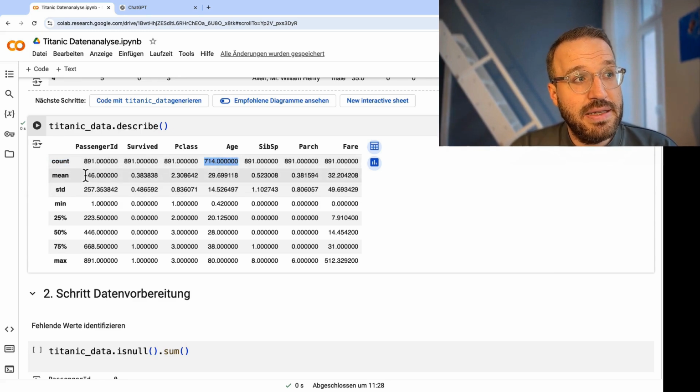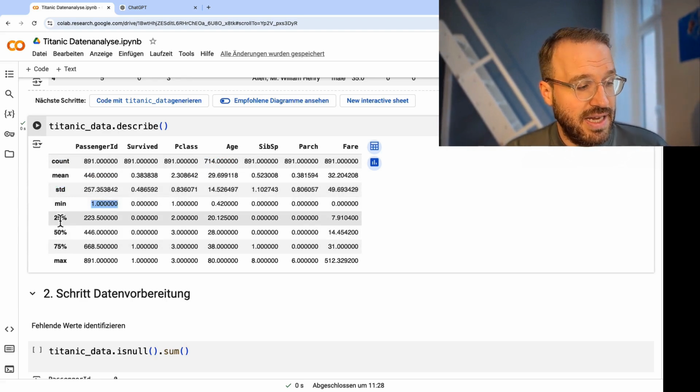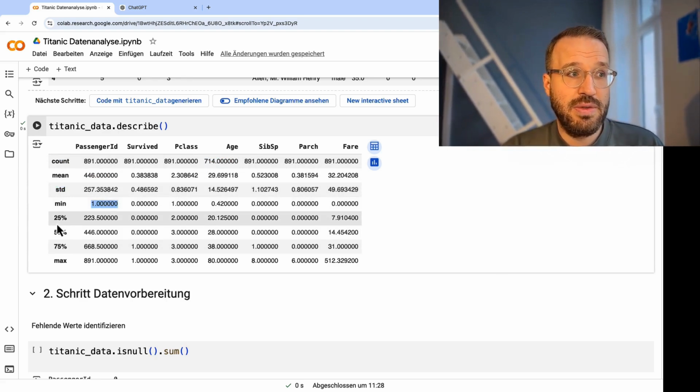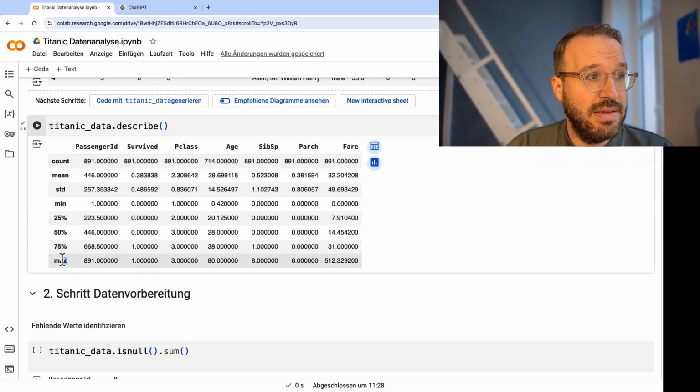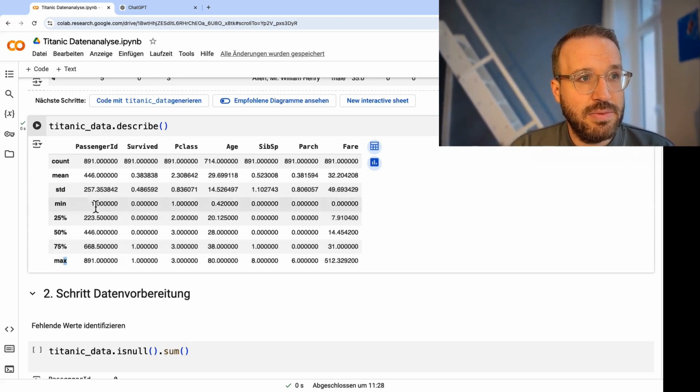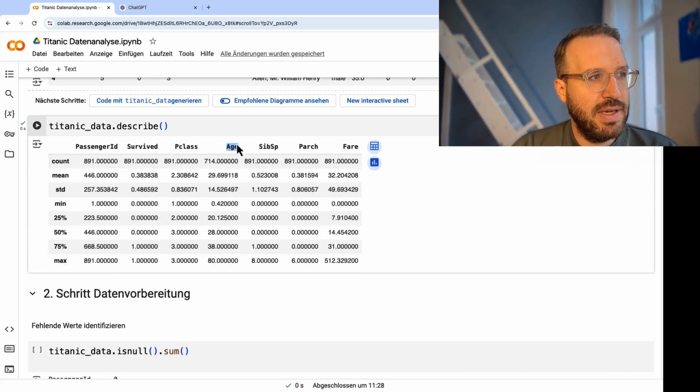Then you see the mean, the arithmetic average of the individual values, followed by the standard deviation, the minimum, which is the smallest value, then the quantiles, which we also covered in the lecture, and then the maximum. We could take the age out here, which we can understand fairly well. The arithmetic mean is approximately 30, the standard deviation is 14, and the minimum value is 0.42.